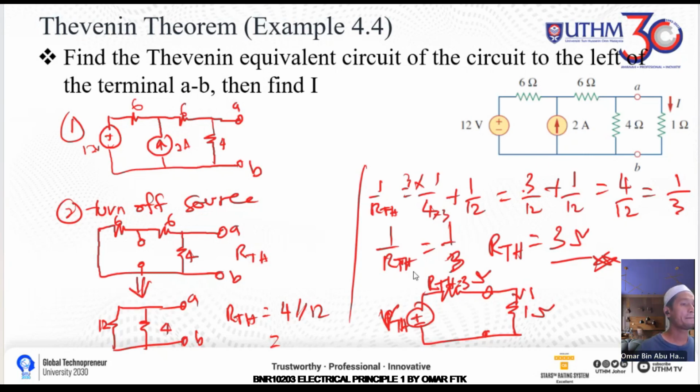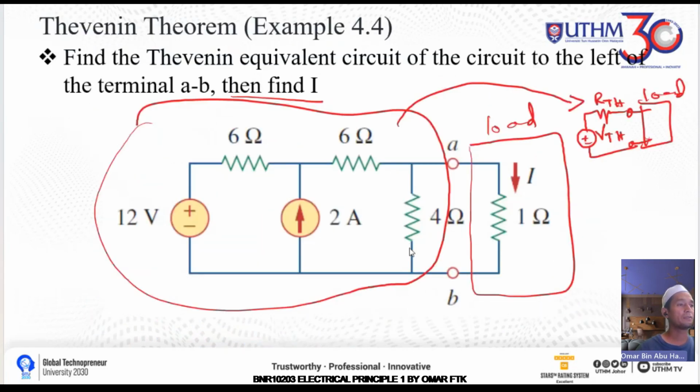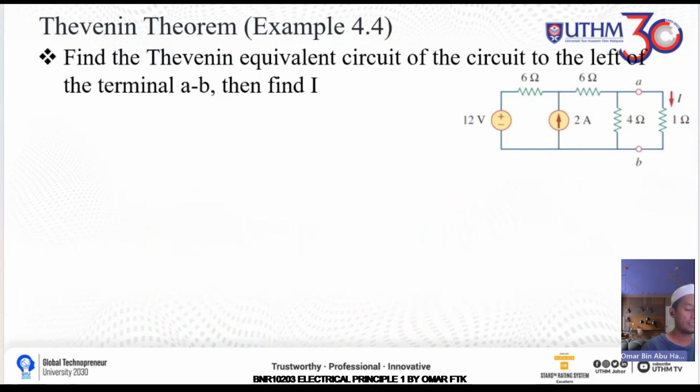So let's see how we determine the VTH. From the terminal AB, remove the load and then find the VTH or V open circuit using various methods. So first we need to draw the circuit again.